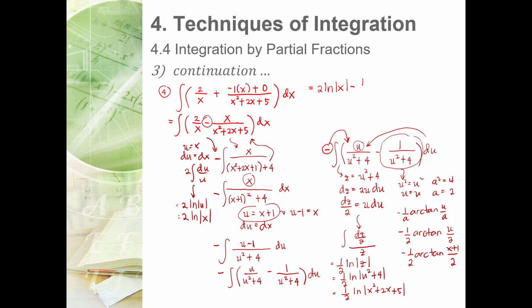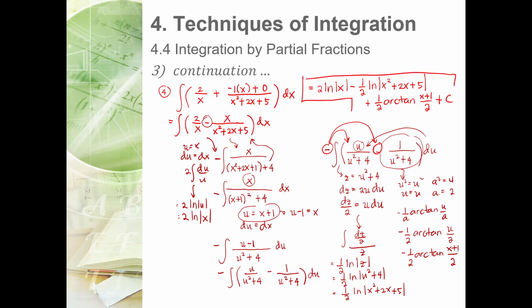So that's minus 1/2 ln of x squared plus 2x plus 5. And then minus times minus, that's plus, so plus 1/2 arctangent of x plus 1 over 2 plus c. So this is the final answer.